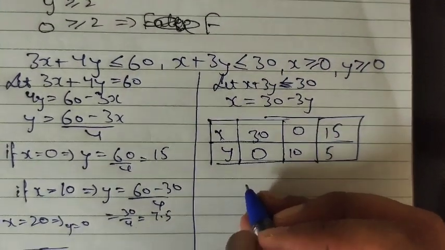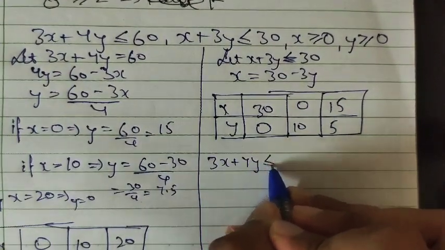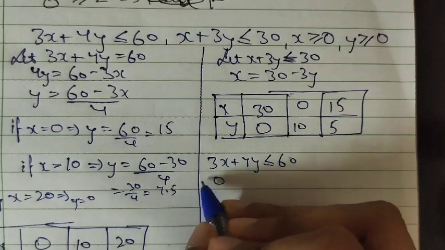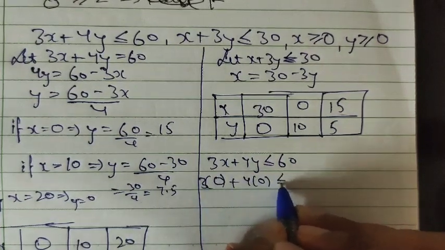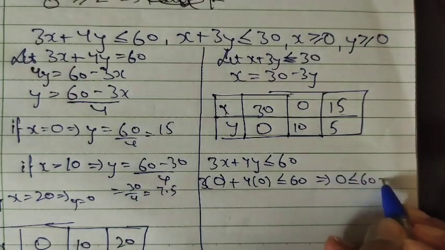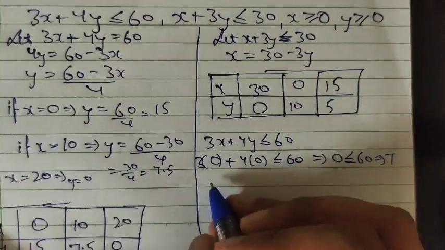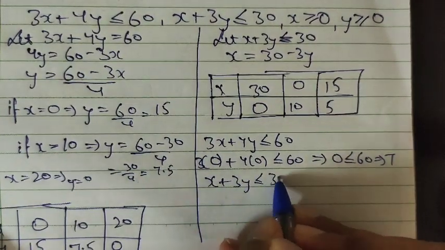Similarly, check 3x plus 4y less than 60: 3 times 0 plus 4 times 0 less than 60. So this implies 0 is less than 60, which is true. Similarly, x plus 3y is less than or equal to 30.